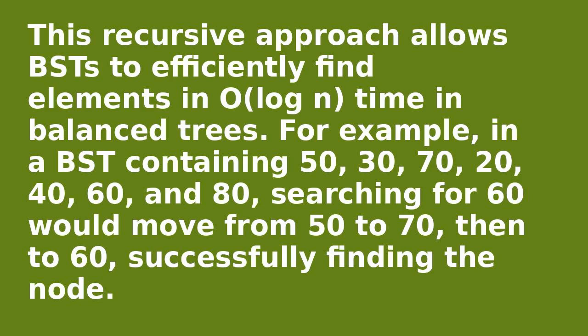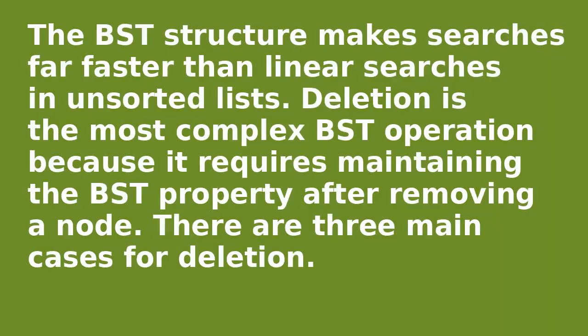For example, in a BST containing 50, 30, 70, 20, 40, 60, and 80, searching for 60 would move from 50 to 70, then to 60, successfully finding the node. The BST structure makes searches far faster than linear searches in unsorted lists.